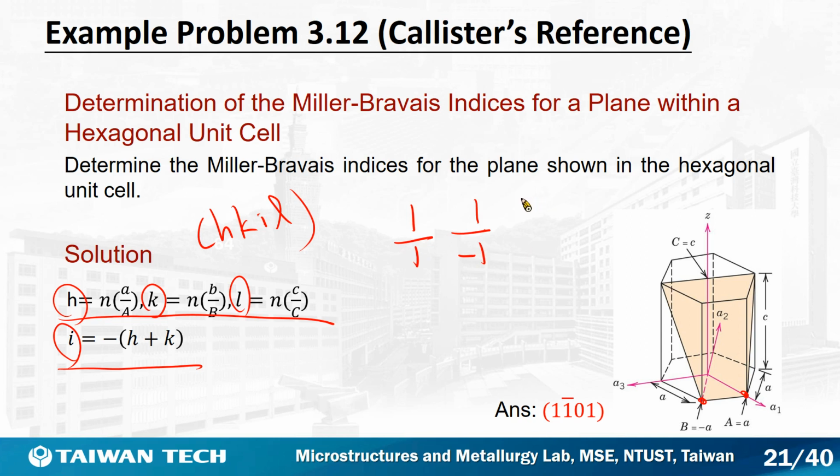And for I, minus the sum of these two. Oh sorry, the sum of these two, this should be 0. And for L is Z, right? Here. And Z is also 1. So we get 1, minus 1, 0, 1.